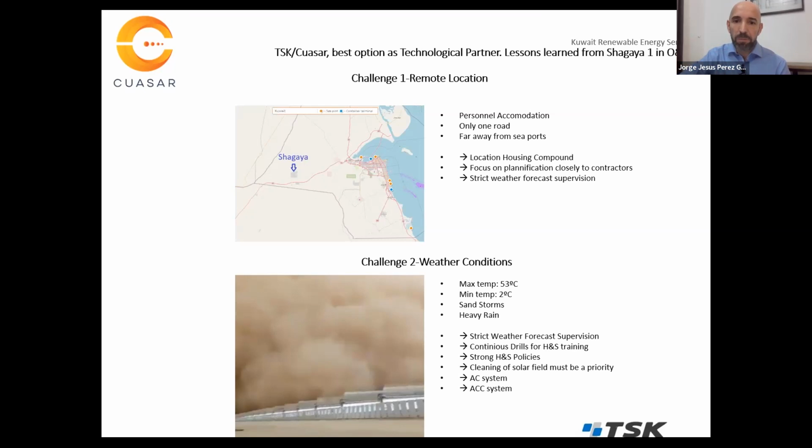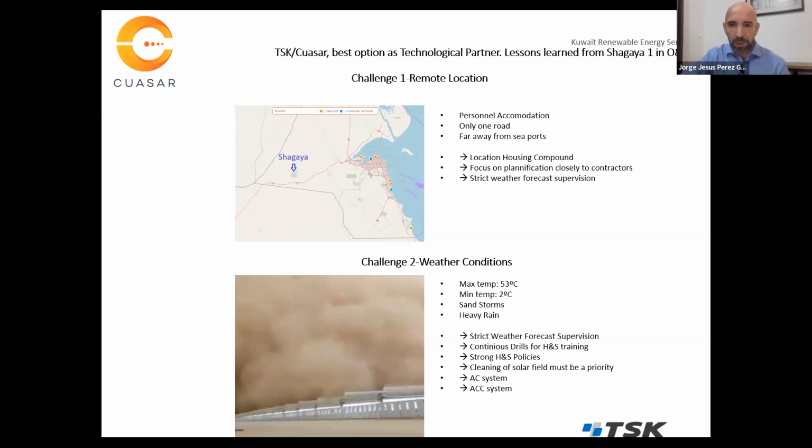And one of the most important things is that all the challenges are interconnected. That means they can create a perfect storm. If, for instance, you have to transport something to the site but the weather conditions are bad, it may be delayed some days because this connection is sometimes affected by thunderstorms. So it's very important at this point to think about where you are going to locate your personnel.